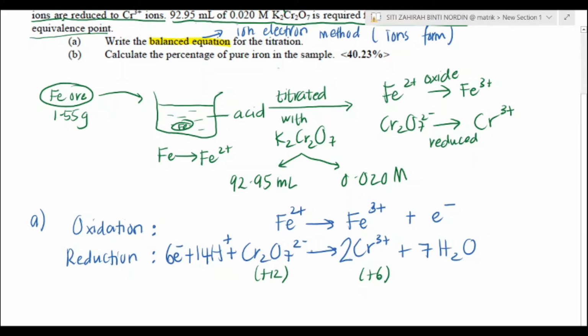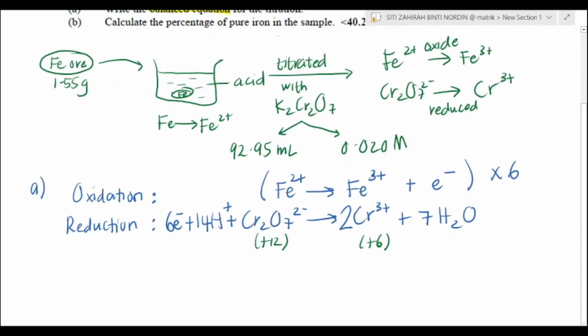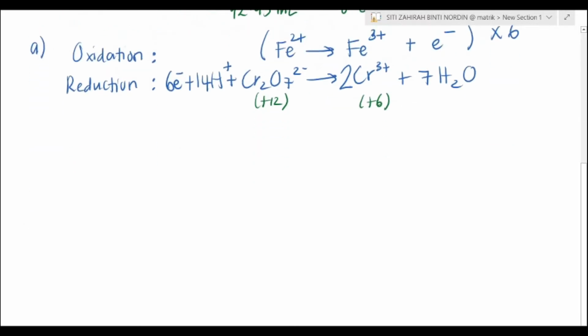Multiply your oxidation half equation by 6 in order to cancel the electrons. So you get the new oxidation half equation, which is 6Fe2+ to form 6Fe3+ and 6 electrons.